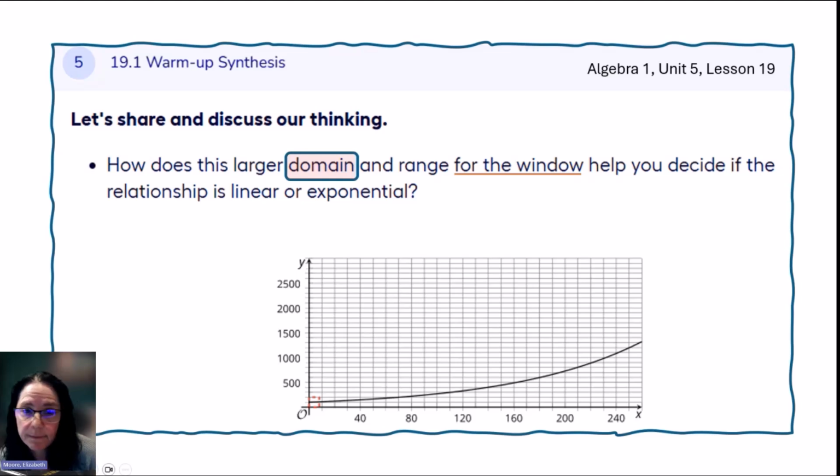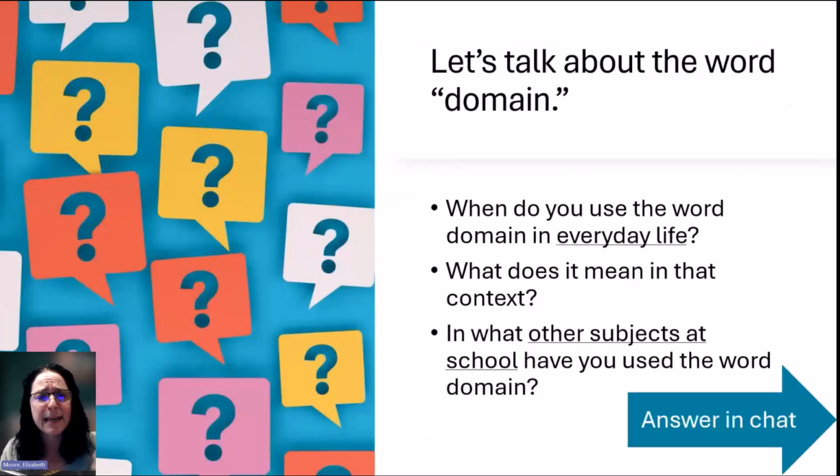As students come into the class, they might see this prompt. When do you use the word domain in everyday life? What does it mean in that context? And in what other subjects at school have you used the word domain? Take just a minute to think about that and pop an answer into the chat.